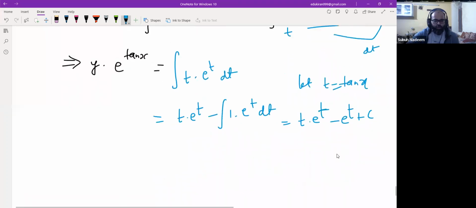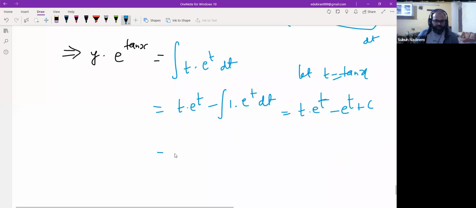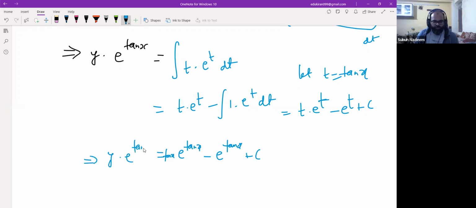Now you put t as tan x. So tan x into e to the power tan x minus e to the power tan x plus c. This is y into e to the power tan x.